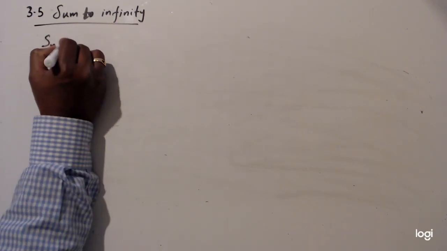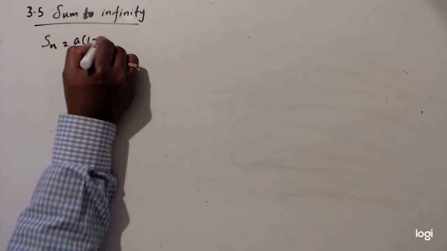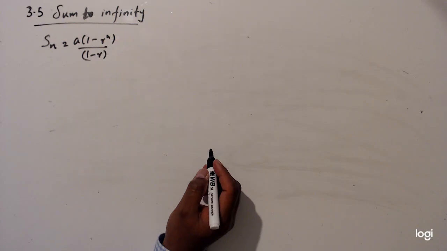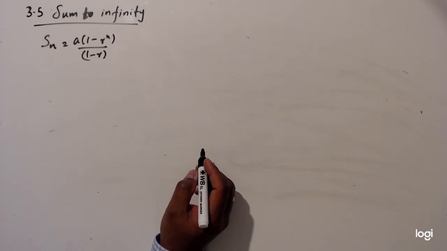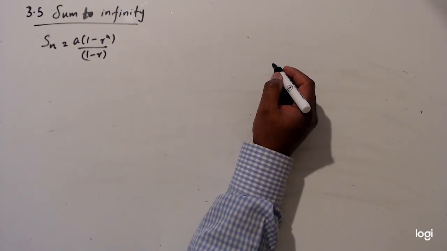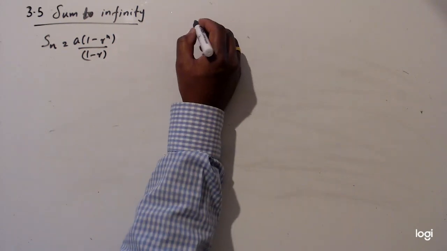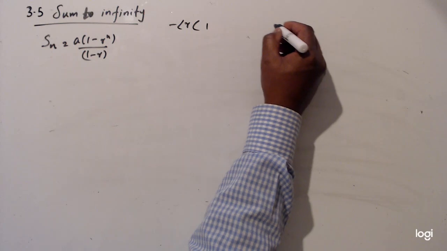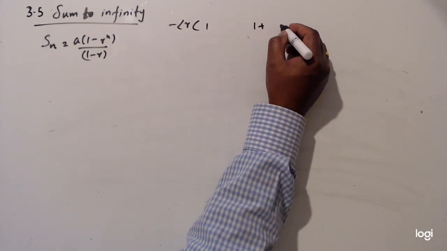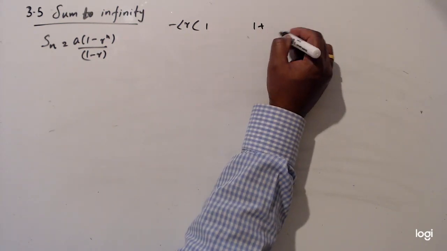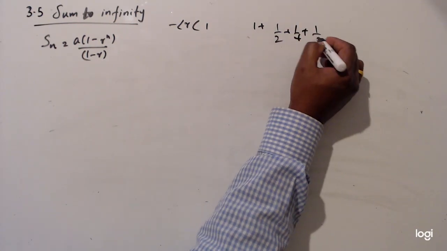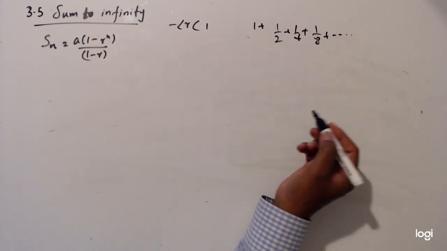So we know that Sn equals a times 1 minus r to the n over 1 minus r. Now we consider the r value in between minus 1 and 1, for the series 1 plus 1 over 2 plus 1 over 4 plus 1 over 8 plus dot dot dot.